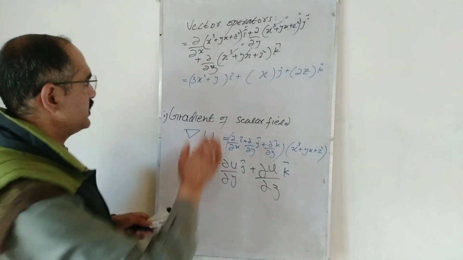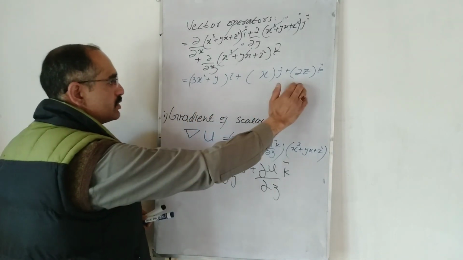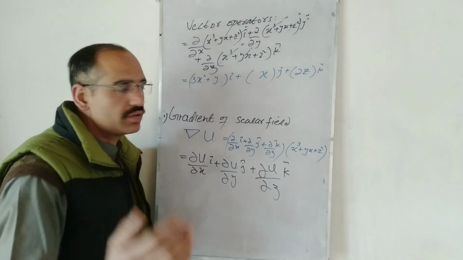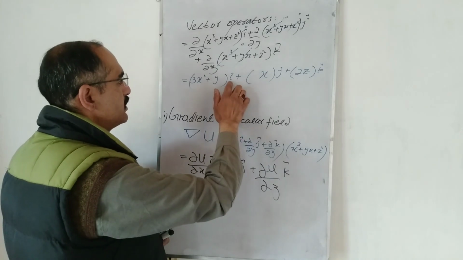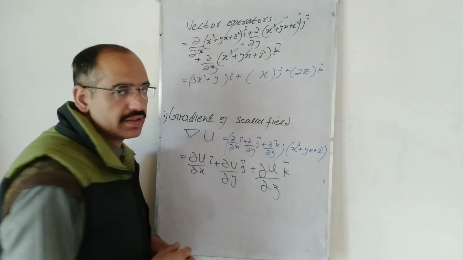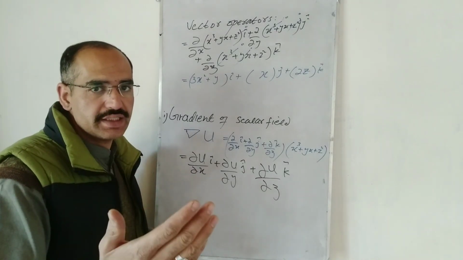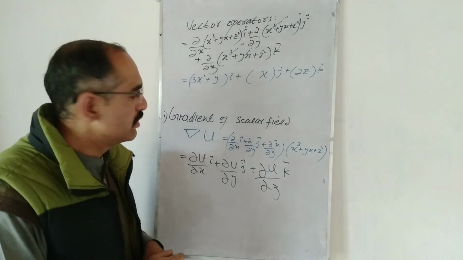So this clearly shows that this is a vector, because I have already told you that these i cap, j cap, k cap are the unit vectors showing the directions. Whenever there is a direction, there is a vector.